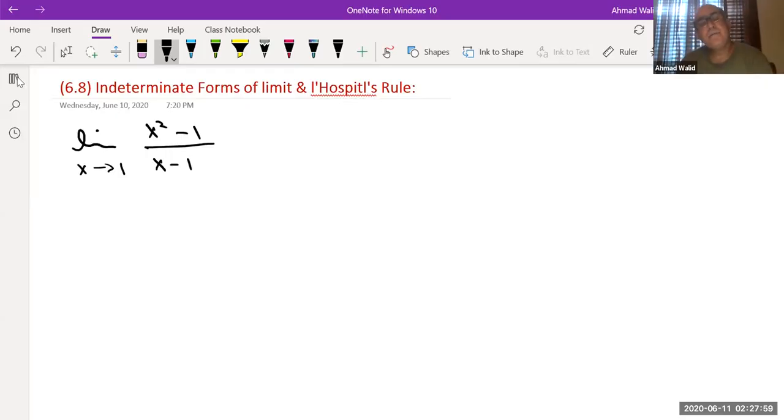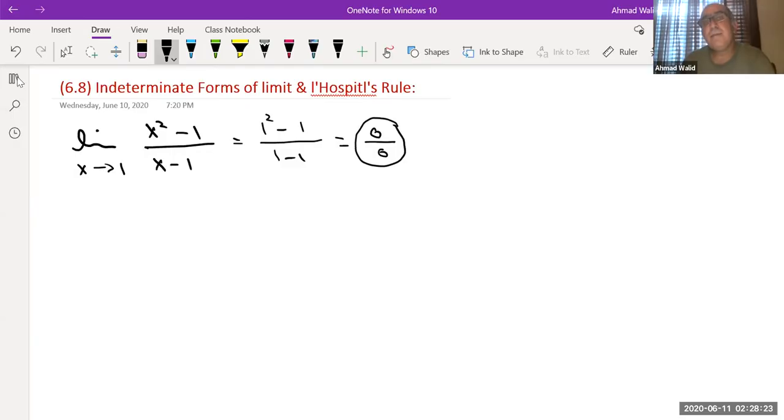Your professor definitely explained that the first step in any limit problem is to plug in your number and see if it works or not, correct? Let's plug in 1 here. It gives you 1 squared minus 1 over 1 minus 1, which gives you 0 over 0, correct?